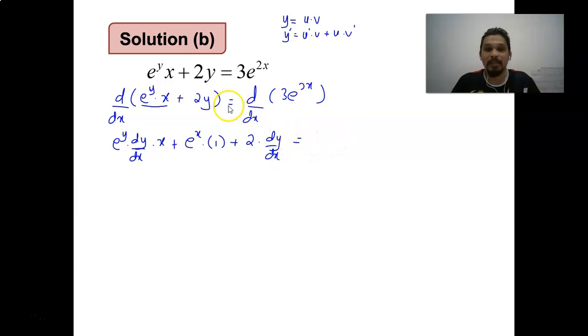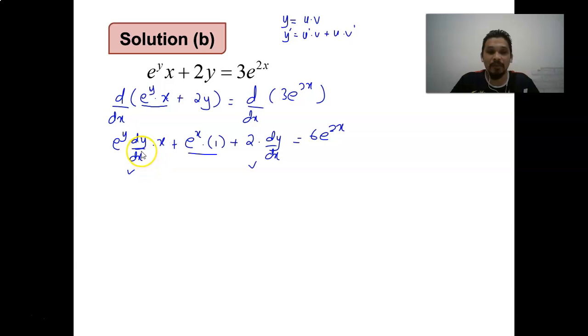Okay, then equal to derive 3e power of 2x with respect to x. So derive 2x equal to 2, 2 times 3 equal to 6e power of 2x. Okay, now the term with dy dx, we leave it on the left side, and the one without dy dx we bring to the other side.